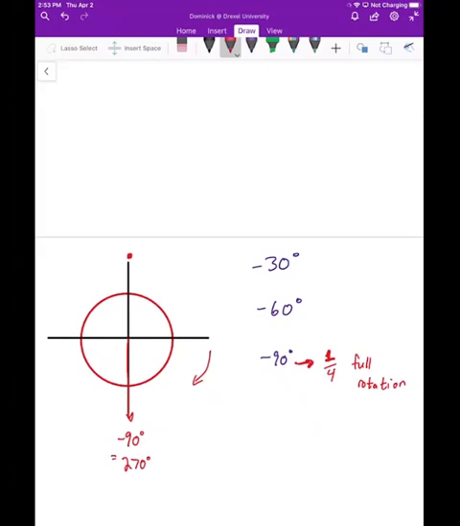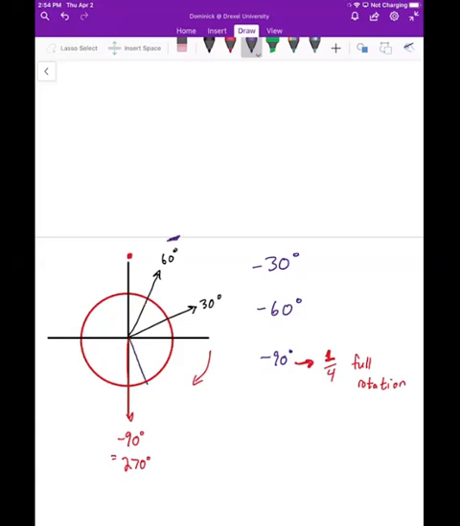Okay, now also what we did earlier was we said that 60 degrees would come from breaking that first quadrant into 3 separate equal pieces. And then you'd have a 30 and a 60 there. Well, if I have a negative 60, I'm doing something similar. I'm traveling this far, but I need to do it in the opposite direction.